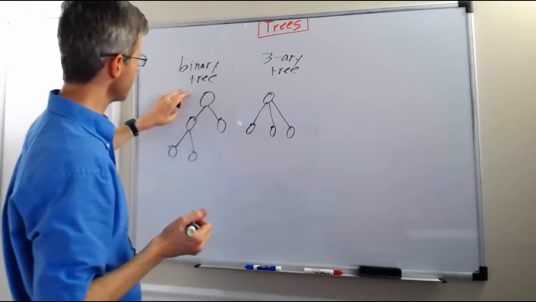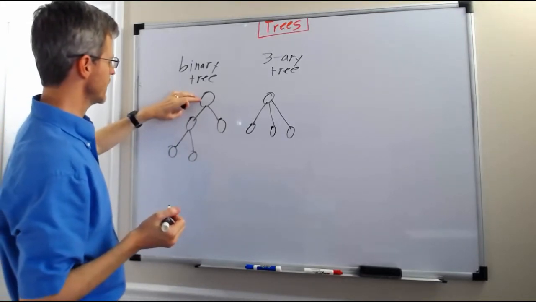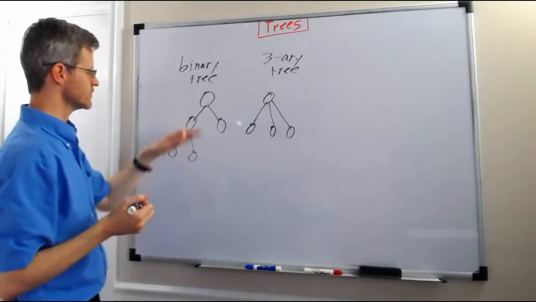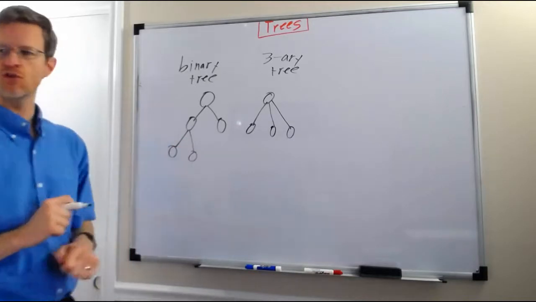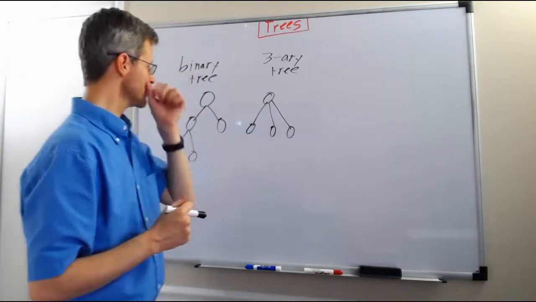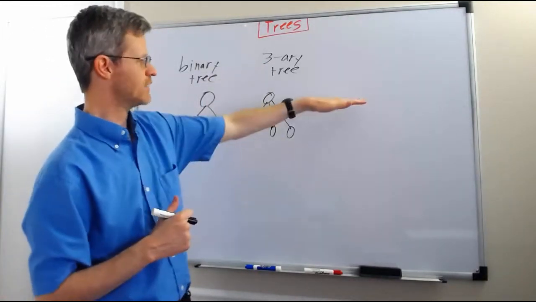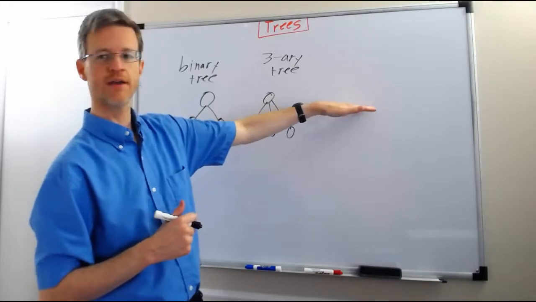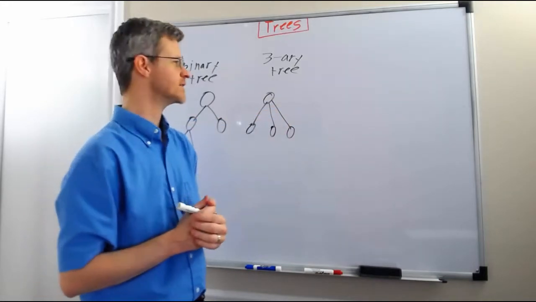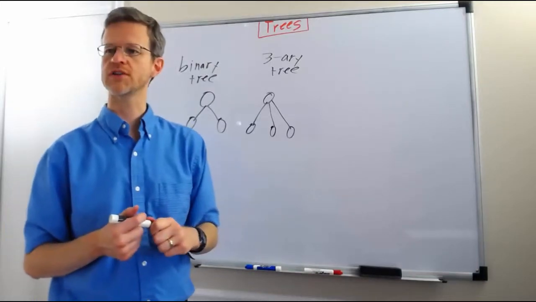So in a binary tree, there is a root node, and each node in the tree, whether it's a root node or not, can have 0, 1, or 2 children. So formally, we can define a tree, whether it's binary or not, as 0 or 1 root nodes, and we can say that each node in the tree has 0 or more children.